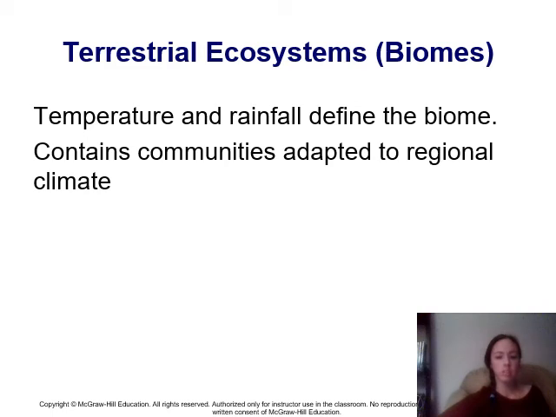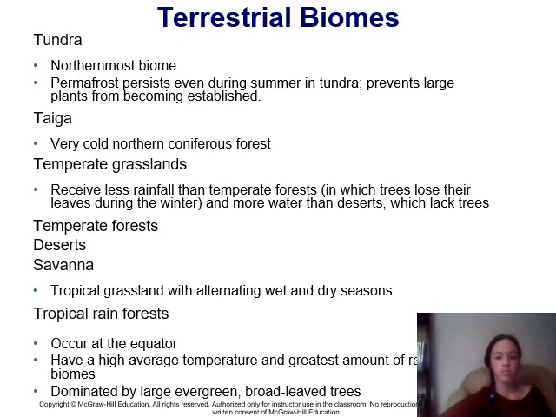Terrestrial ecosystems are determined by the temperature and rainfall within that area. Terrestrial biomes include the tundra, taiga, temperate grasslands, temperate forest, deserts, savannas, and tropical rainforest.